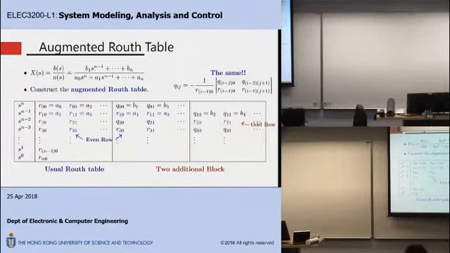You just copy. You get two rows. Then you follow the Routh table rule to get the third row. Basically this third row is from these two rows, using the same rule as the Routh table.